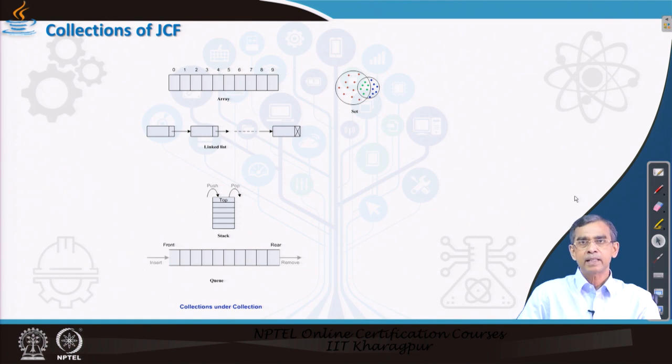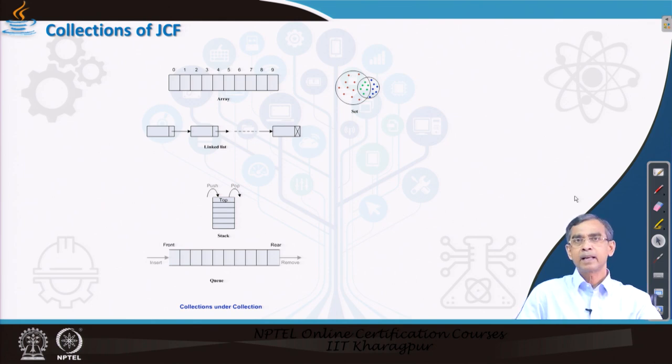So, every data structure, whether it is an array, a linked list, a stack, a queue, or, in our conventional concept, a set, has its own policy to store and its own policy to perform certain operations on the elements that belong to the collection.